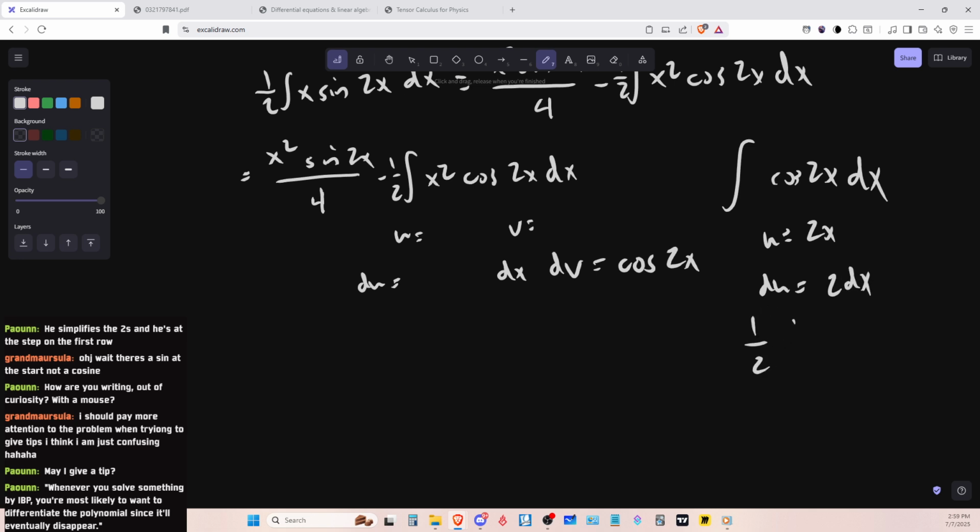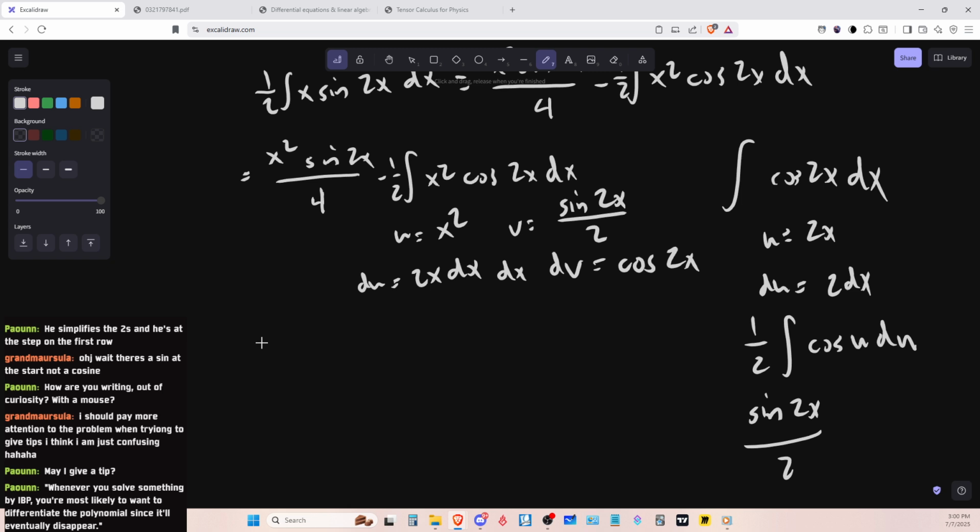So that means we're going to end up with half cosine u du, which is sine of u dx. Yeah, sine of u dx. I probably should have done that in the beginning. And then dx.